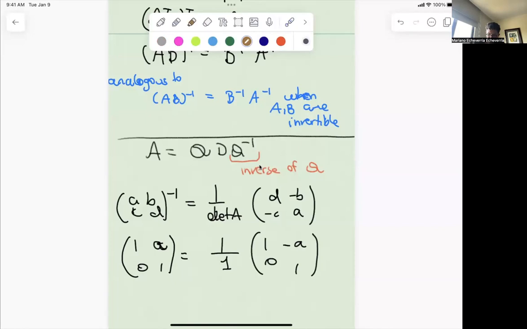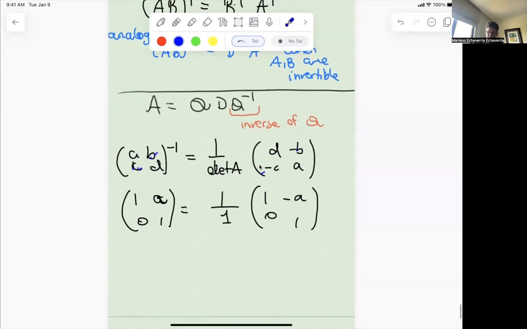The diagonal elements get switched, so the fourth entry goes to the first one and the first one to the last one, and then the off-diagonal entries get multiplied by minus 1. If you remember it that way, it's less confusing. Is that making sense?